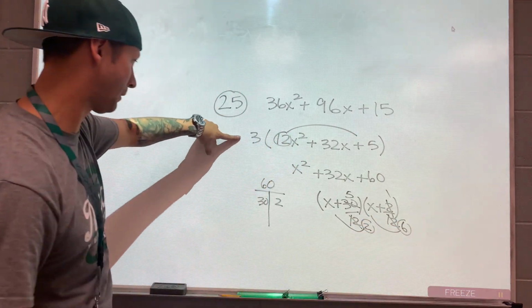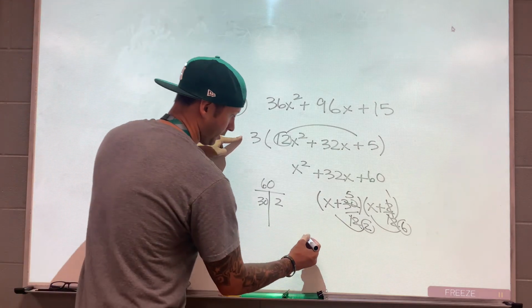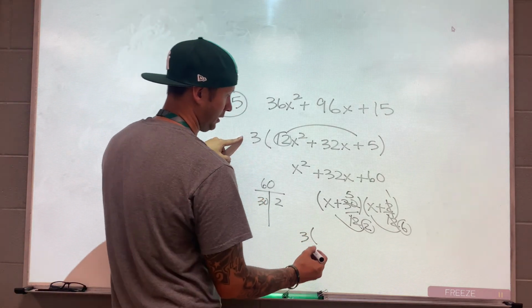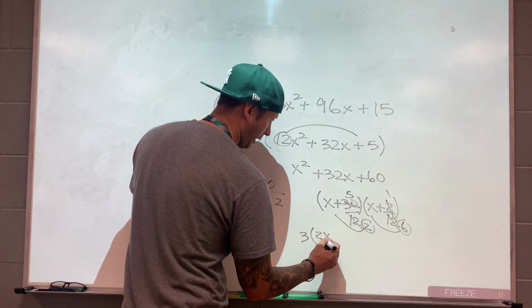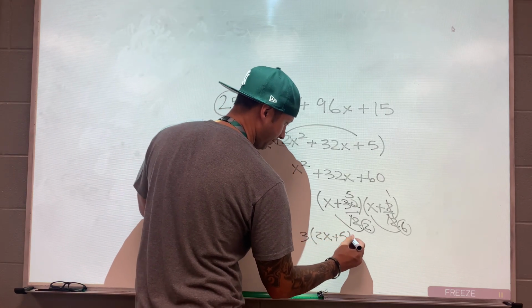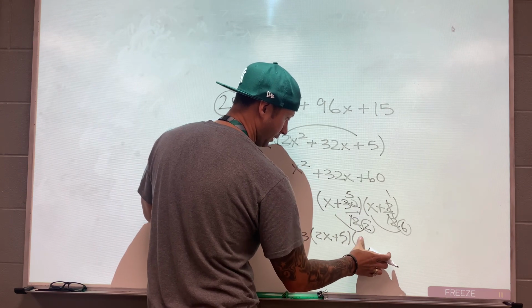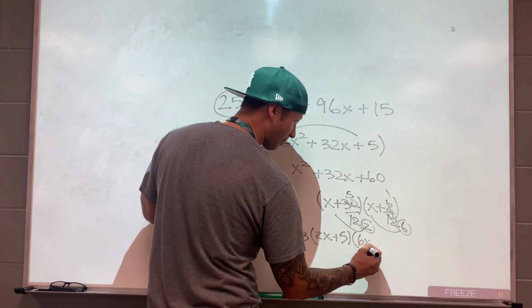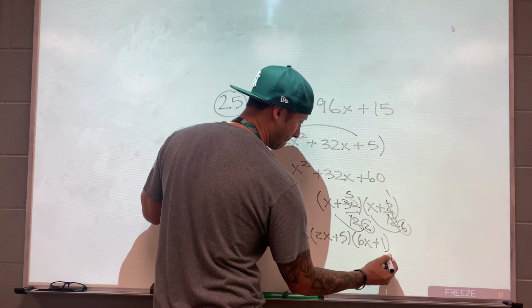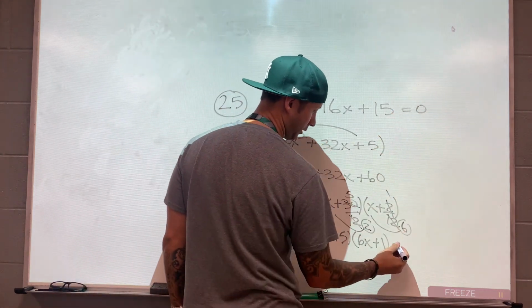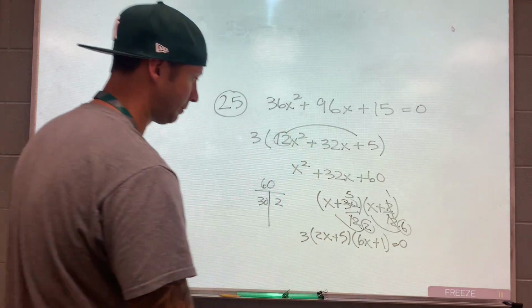And we can't forget about the 3. So 3 times 2x plus 5 times 6x plus 1 equals 0. Oh my goodness, equals 0, not complete.